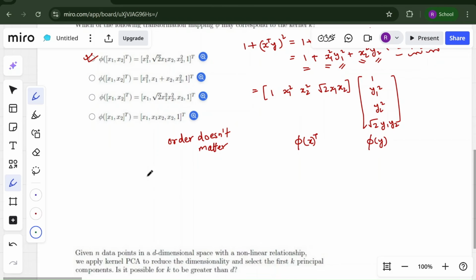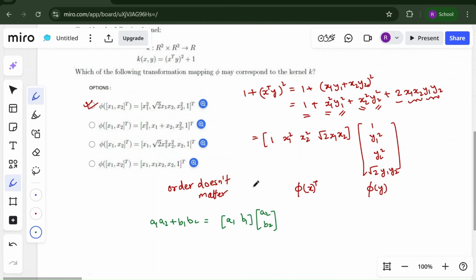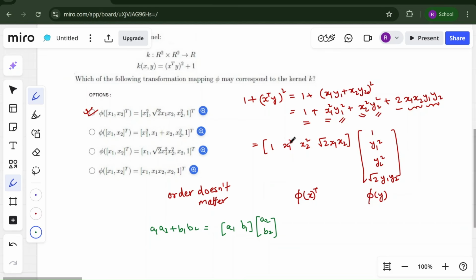So this is like saying that if you have a1 a2 plus b1 b2, you can write it as a row vector a1 b1 multiplied with a column vector a2 b2, right? This is what I have done. Check carefully. I've taken these components on one row vector and the other components on the column vector.